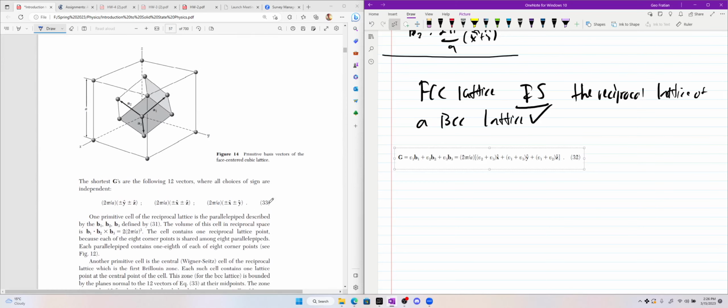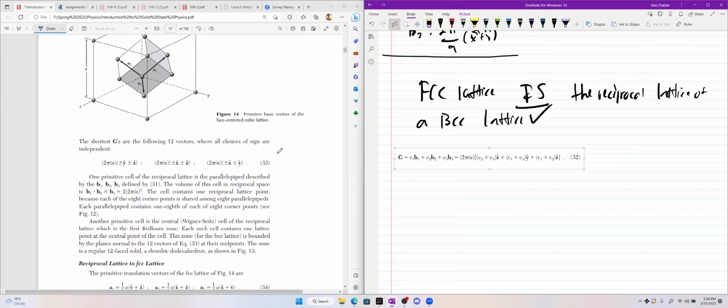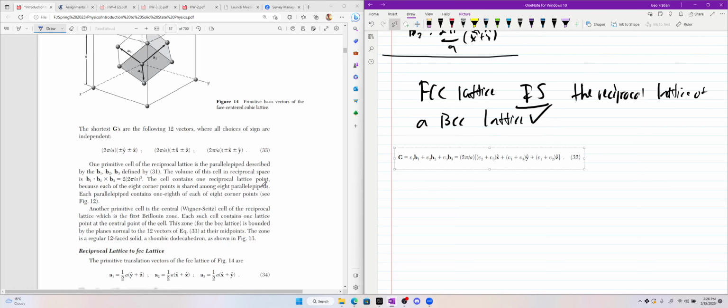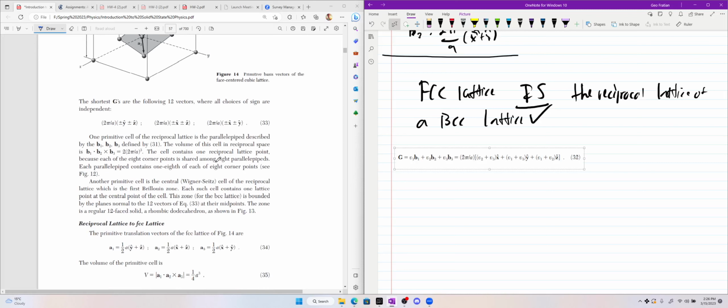So now if we see the primitive basis vectors of the FCC lattice, we see that they're actually the exact same as the reciprocal vectors of the BCC lattice. So, yes, nice. Okay, let me get some water, but take a second to digest that.